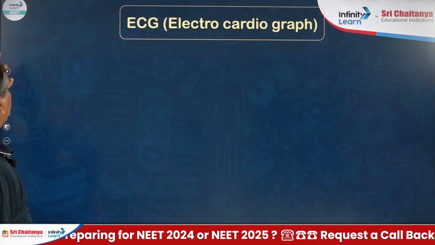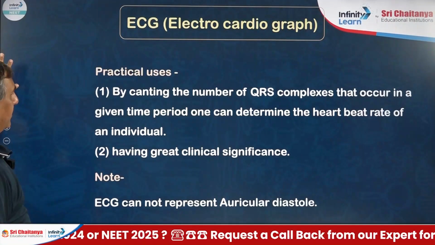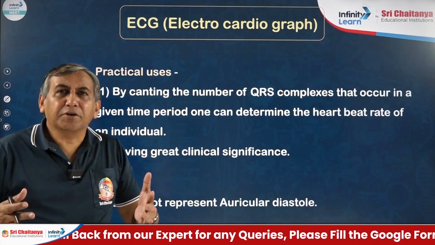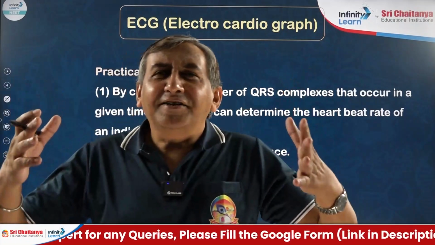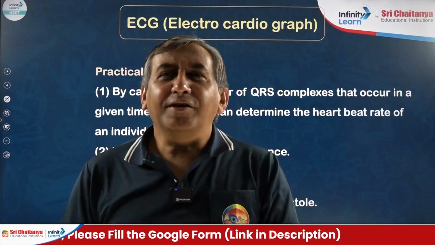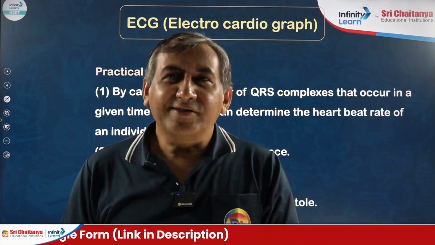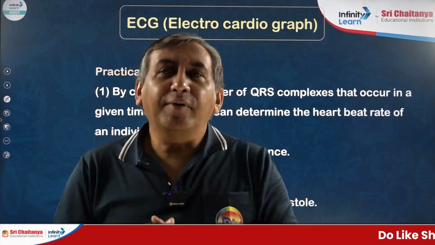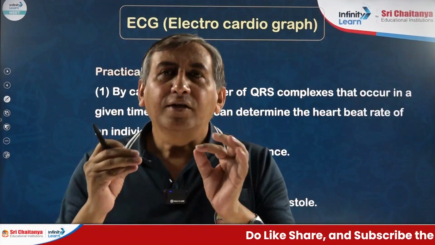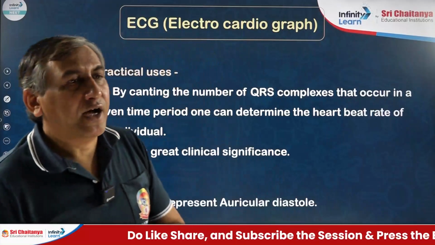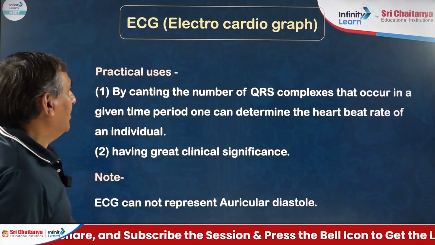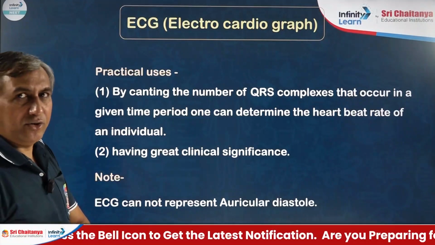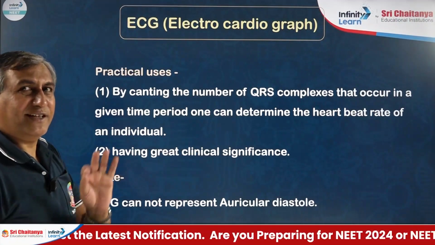So this is the one point that you have to remember: what are the uses? Very important use. Whenever any person is rushing, getting chest pain, and comes to your clinic, what will you say? You will say go for the ECG. ECG is the primary tool to observe the functioning of the heart, whether the heart functioning is normal. Many advanced methods are there, like echocardiography, but the basic one is the ECG.